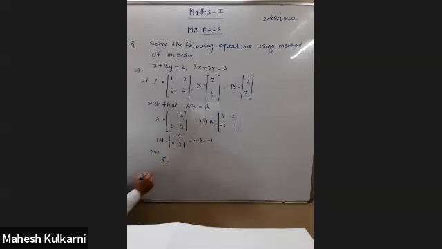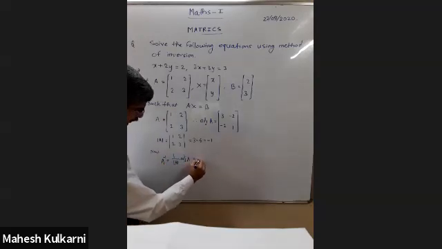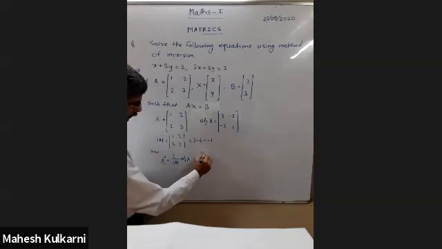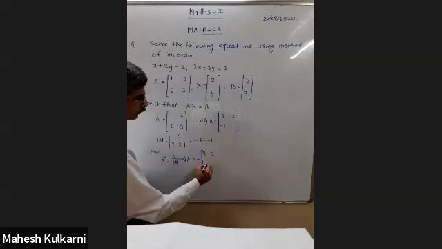What is the A inverse formula? 1 upon determinant of A into adjoint of A. So 1 upon determinant of A is minus 1. That is minus of adjoint of A. 3 minus 2 minus 2 1.